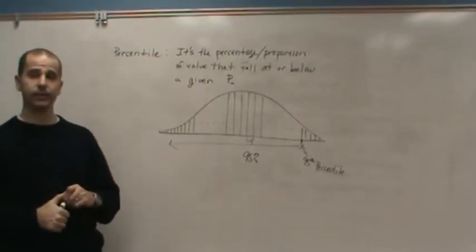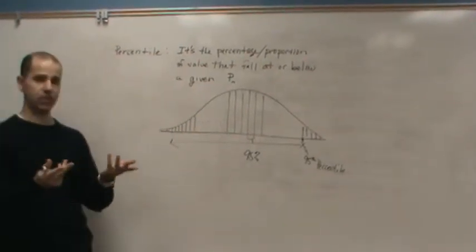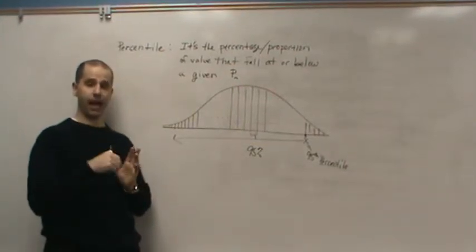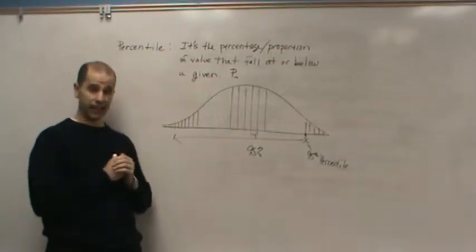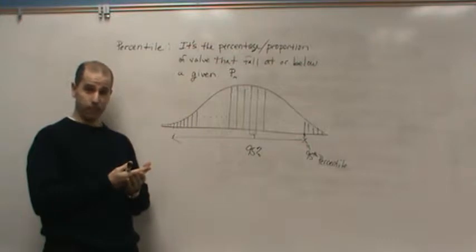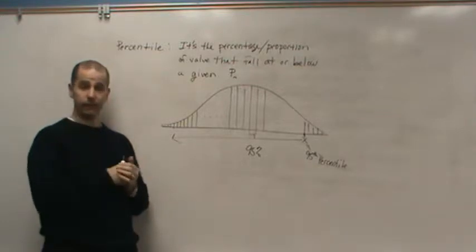Again, think of standardized testing. Let's think about the SAT score. If you got your results back and it said, in math, you scored in the 95th percentile, that means of all the students that took the exam that day, you scored better than 95% of them.